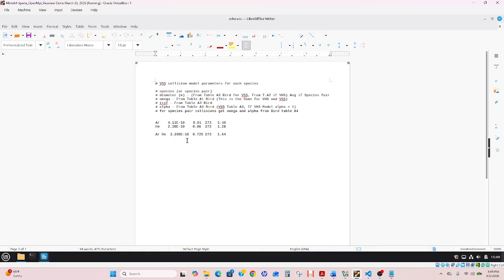So this 3.205 e to the negative 10 is the average of these two diameters. We're going to call this ID argon helium, and we pull these numbers from table A4. So that's the extra layer of complexity we have here. We have 3 different types of collisions when in the last example we had 1 type of collision.